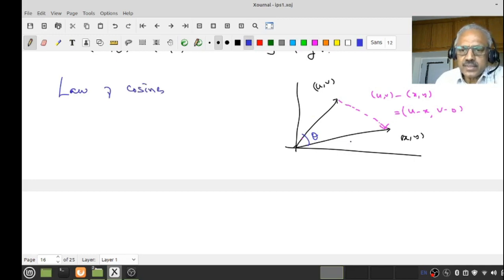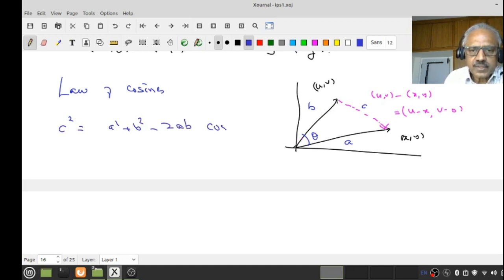Call this length a, this length b, and this length c. Then the cosine law says that c squared is a squared plus b squared minus 2ab cos theta, where theta is the angle between the sides a and b.